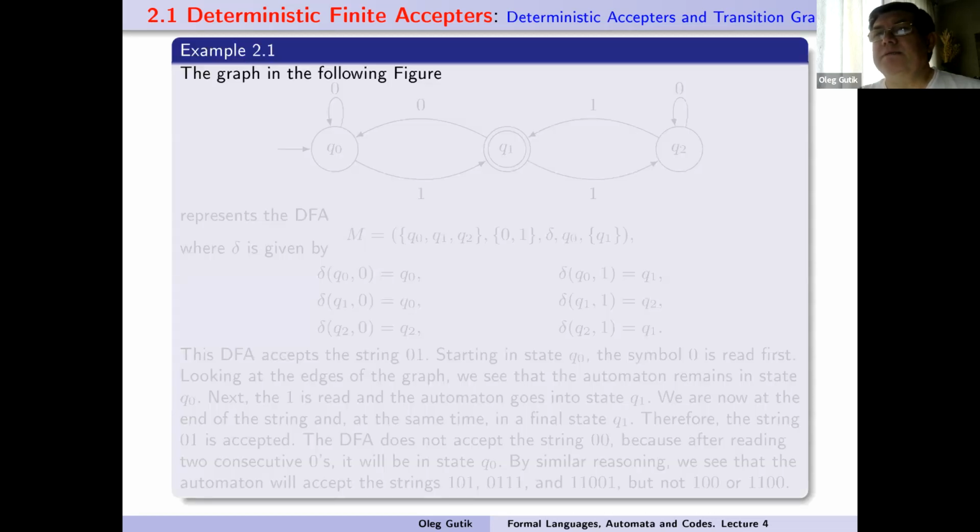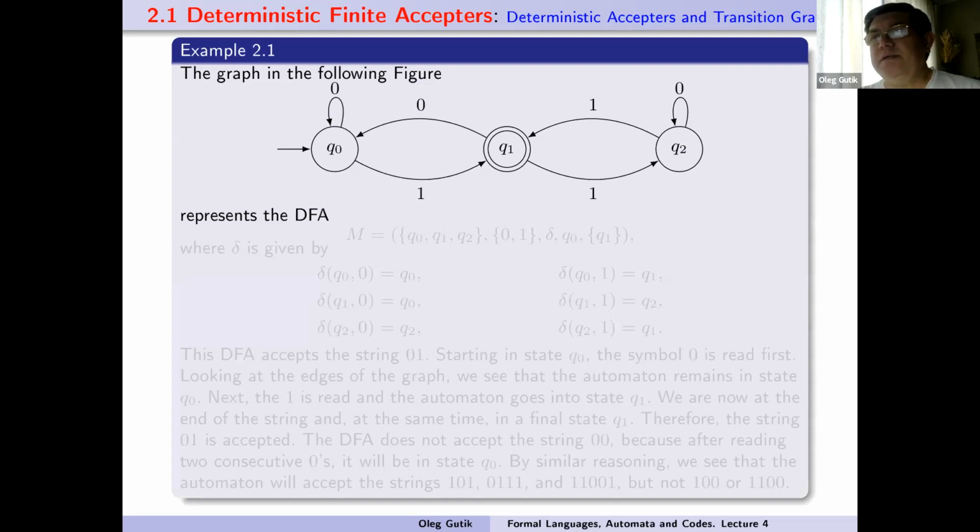Example: the graph in the following figure represents a deterministic finite acceptor M, whose states are q0, q1, q2. The alphabet is 0 and 1. The initial state is q0, and the final state is q1.